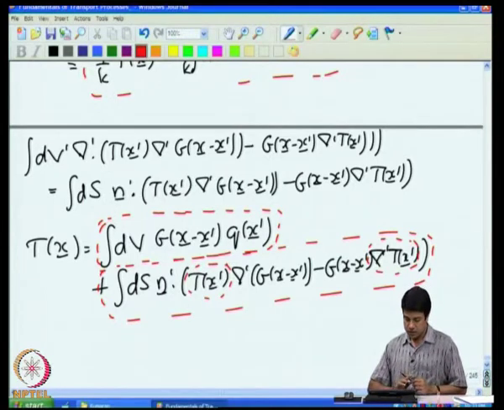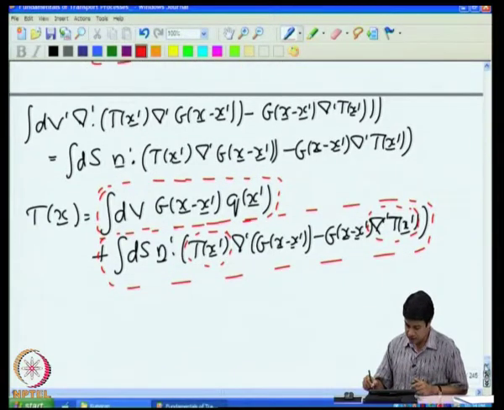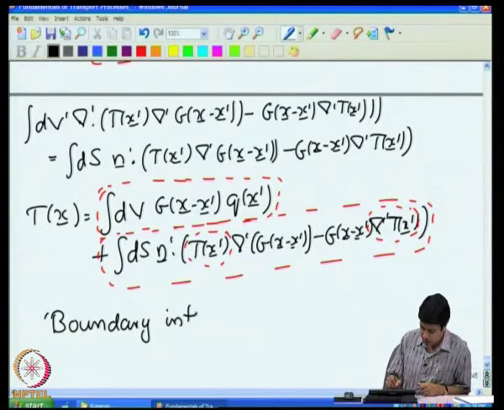So, in the case where there are no sources or sinks within the volume, if the temperature field satisfies the Laplace equation and I know the temperature field on the surface, then I know the temperature field automatically everywhere within the domain. This principle basically forms the basis of what is called the boundary integral technique.